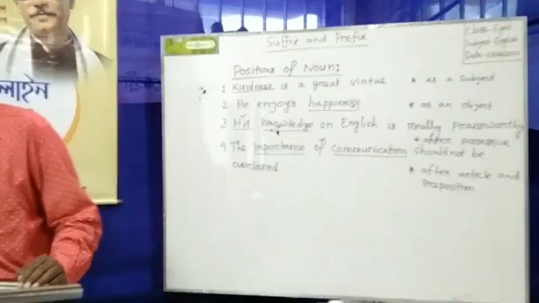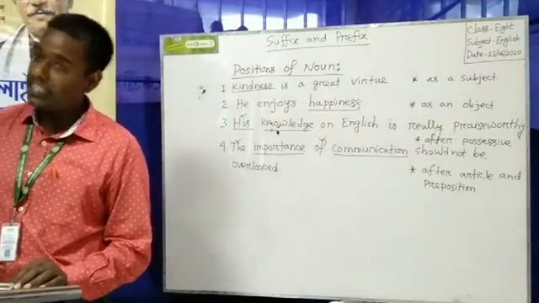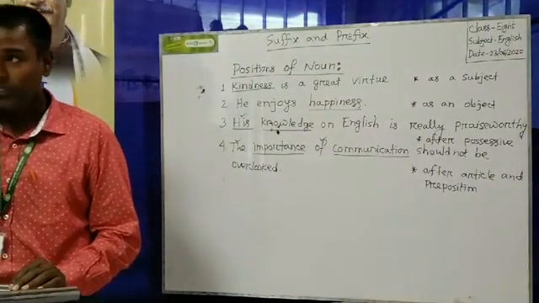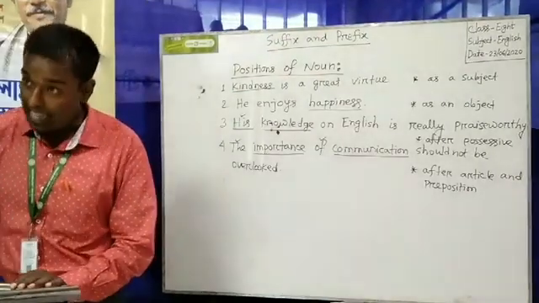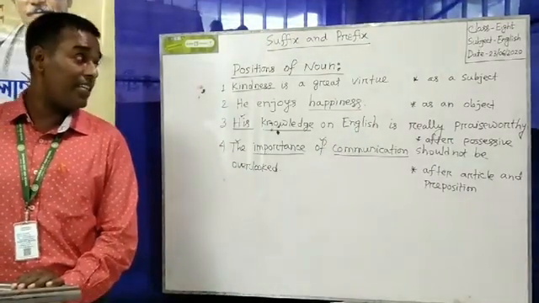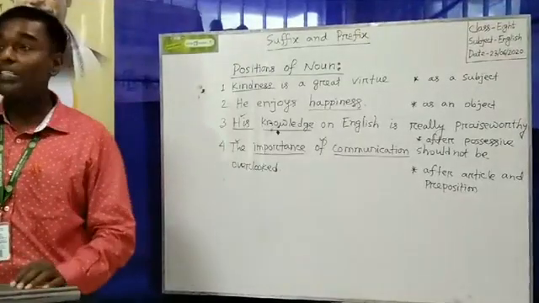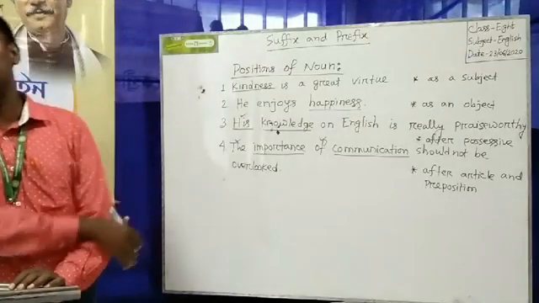Let's repeat after me so that you can understand the positions of noun clearly. First one is as a subject, then as an object, after that after possessive, and the last one after article and preposition.